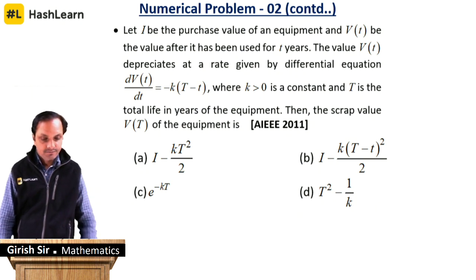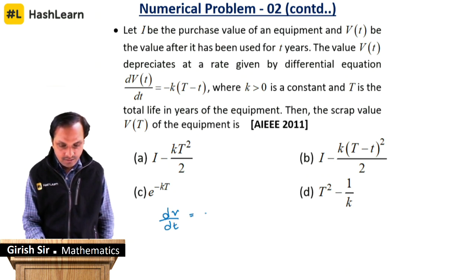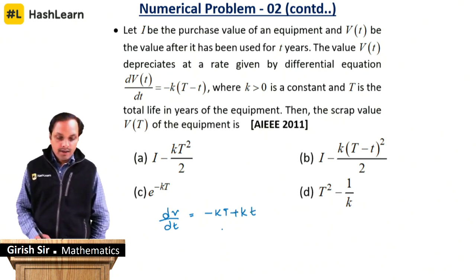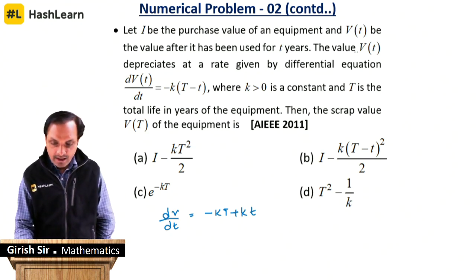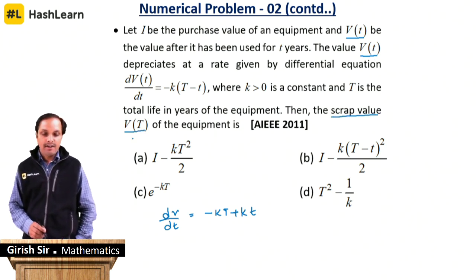He has given dv by dt is equal to minus kt, minus plus हो जाएगा, ये हो जाएगा k times small t. Okay, so हमको क्या करना है, we need to take this one and we need to find the scrap value v of capital T. Okay, v of capital T.